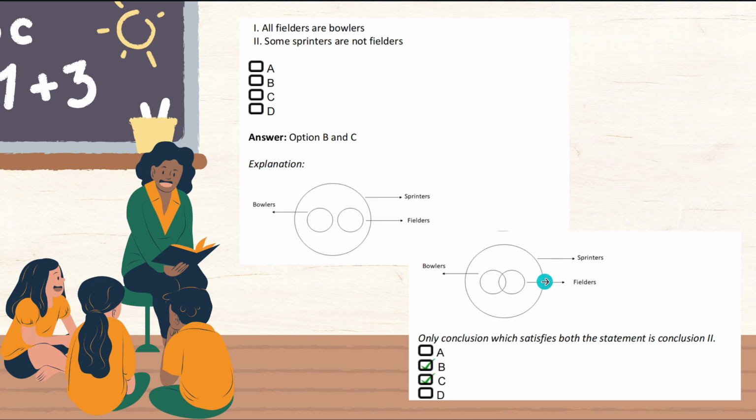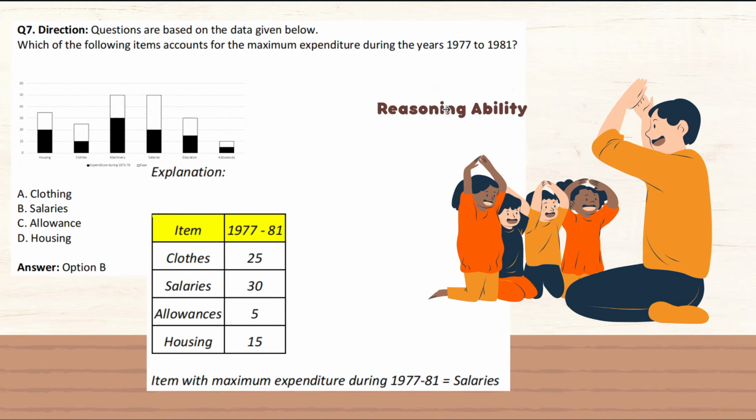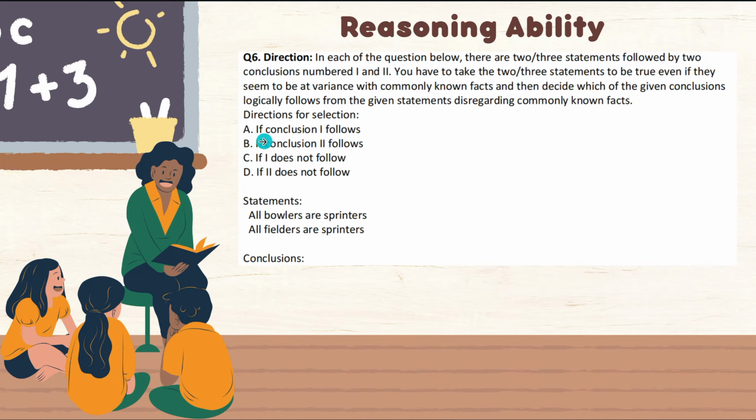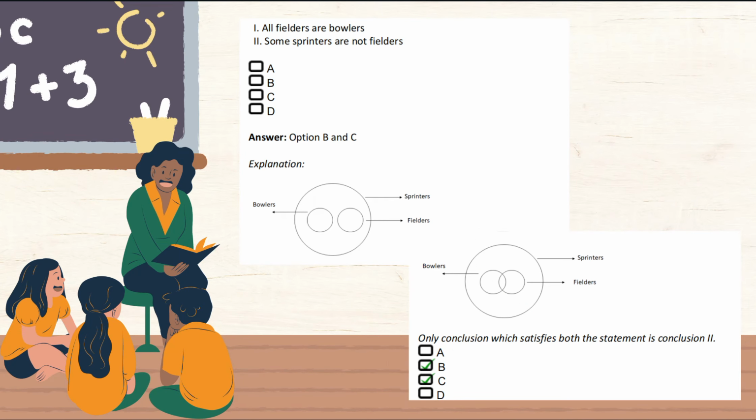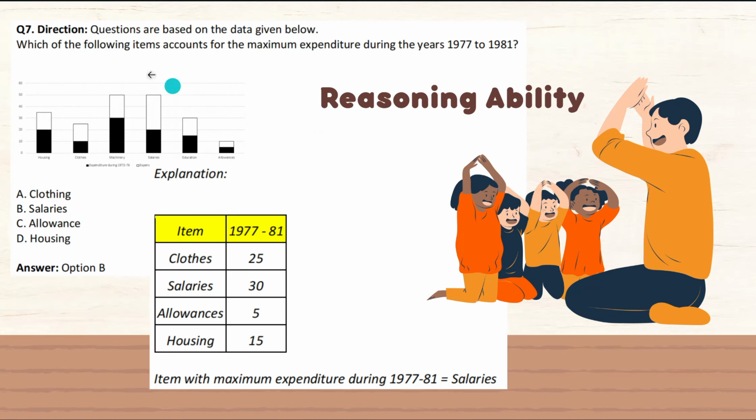So, by considering these two, the conclusions that follow are only B and C. That means conclusion 2 follows and 1 doesn't follow. If you want, take a screenshot. Let us go into another question.